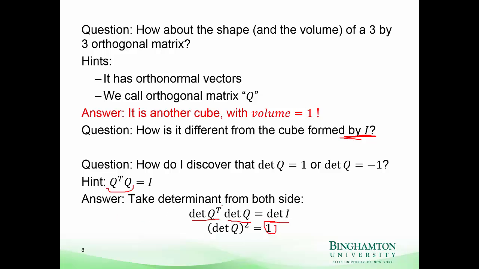So these two things are equal to each other. So let's just write it as determinant Q squared. And therefore, if we were to take the square root of this, we would get plus or minus 1 on the right-hand side. And that's why we get plus or minus 1 on that result.